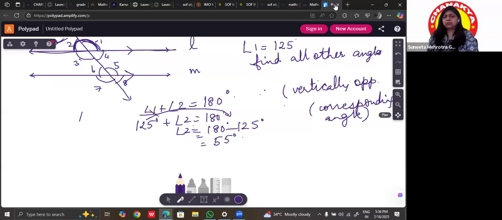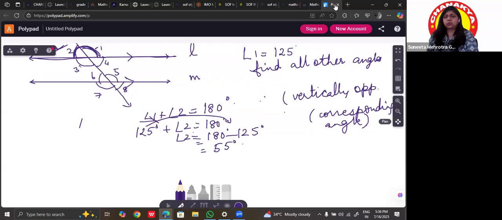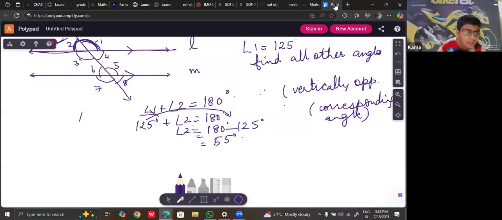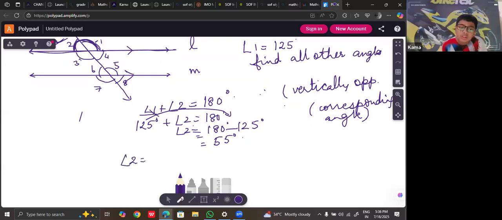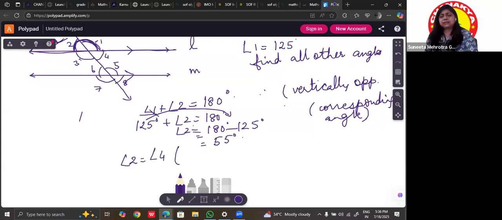So now you got angle 2 also. Then corresponding angle 4 is equal to the same 55. Angle 6, same 55 degrees. Angle 2 is equal to 55, angle 6 also equal to 55. Now angle 4. Every time you have to write the reason.